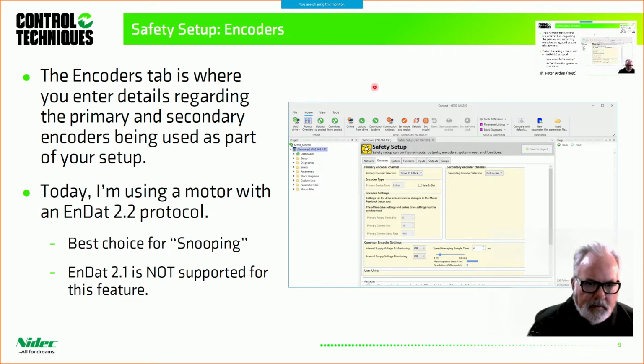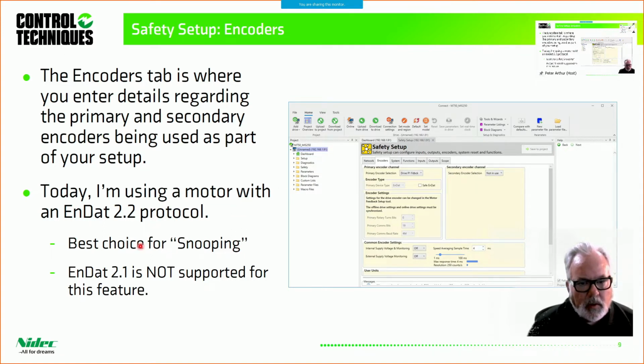As I mentioned yesterday, there is a distinct advantage to using a motor with an NDAT 2.2 protocol feedback device. And the reason for that is the fact that, instead of having to add a secondary safety encoder, I can use the motor encoder.